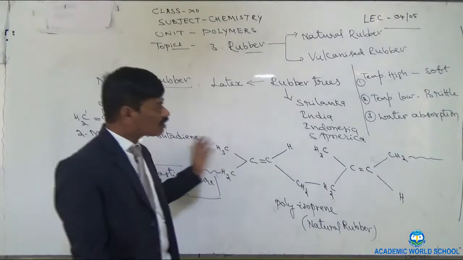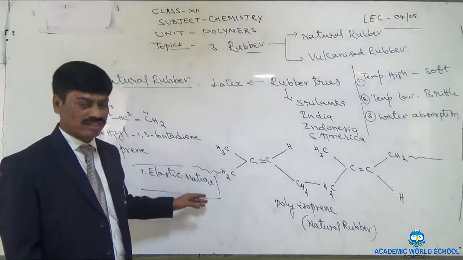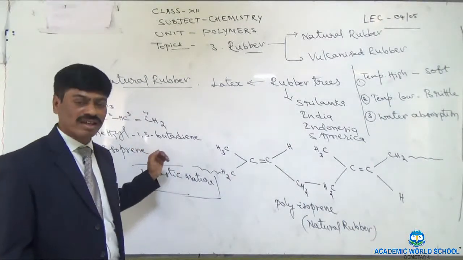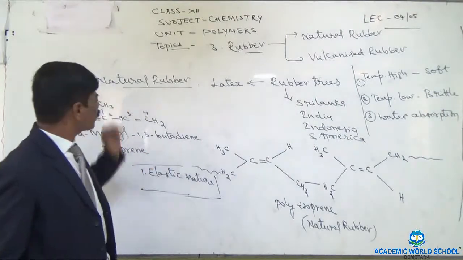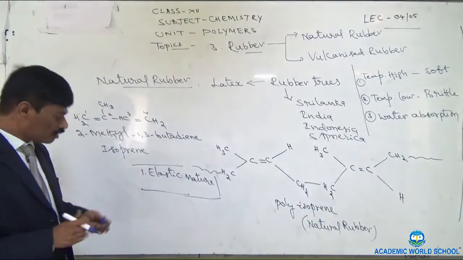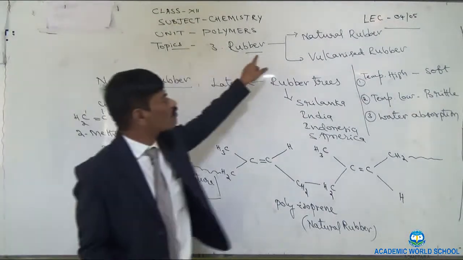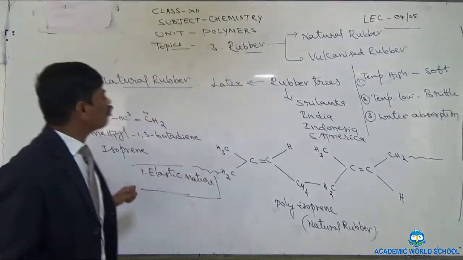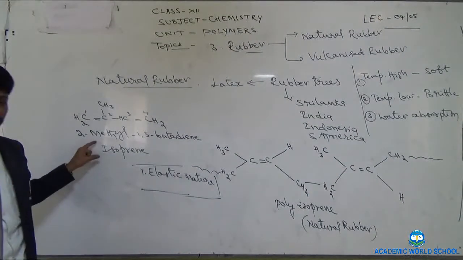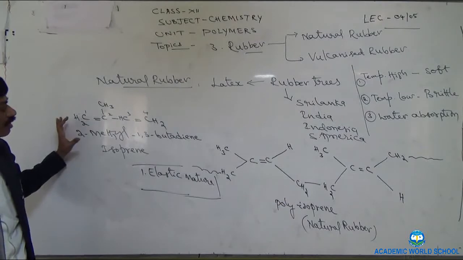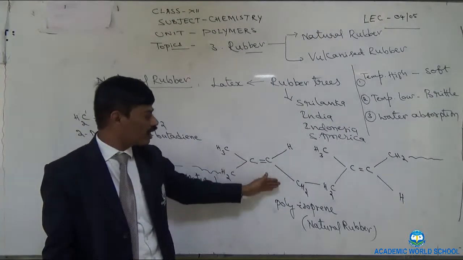Therefore, these three properties we have to alter in order to make it very hard. That is called vulcanized rubber. Once again, in this natural rubber, which is nothing but the first type of rubber, we have the monomer, that is isoprene. It is nothing but 2-methyl-1,3-butadiene. When this undergoes polymerization, we will get polyisoprene or natural rubber.